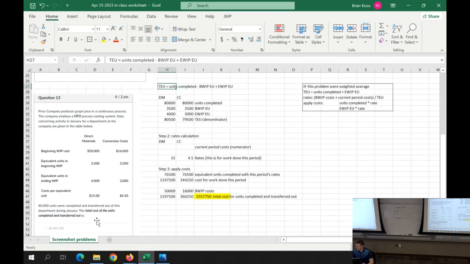When I'm asking for the ultimate cost, I usually use the whole phrase, but it means the same thing. If it was completed, then it's transferred out. We don't have any scrap or waste in these problems, so completed means transferred out.